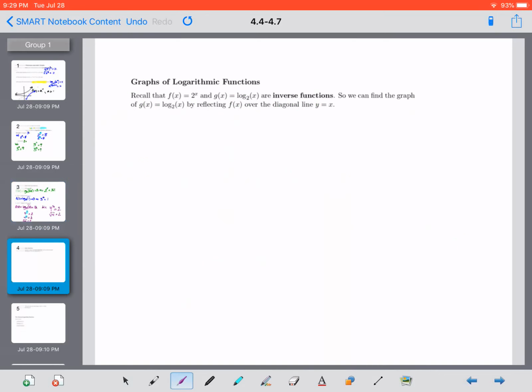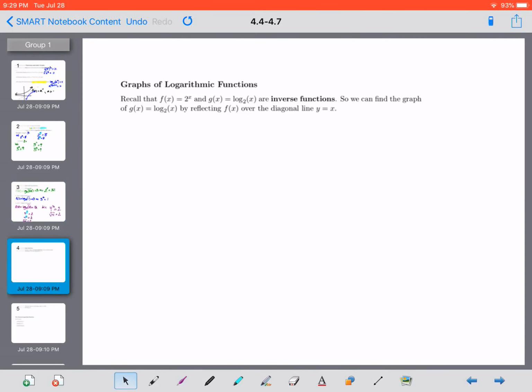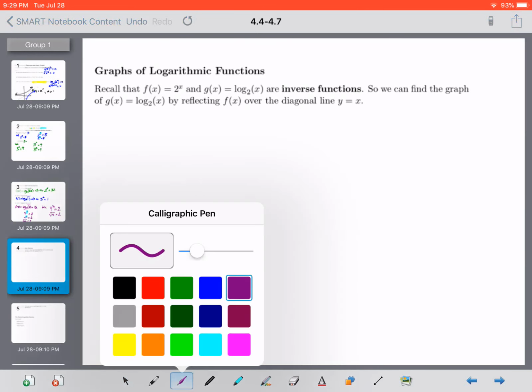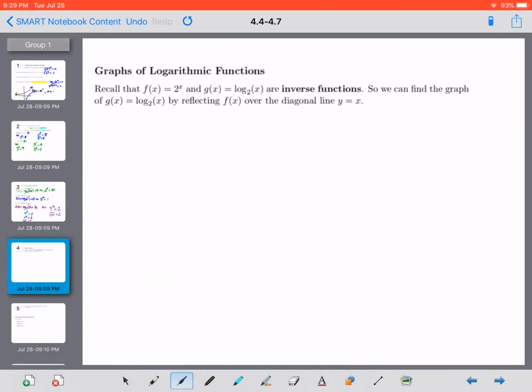Okay. Now, what do we know about the graphs of logarithmic functions? Well, what we know is that log functions and exponential functions are inverses of each other. And so we can figure out the graph of a logarithmic function by just looking at the exponential function of that base. So let's start with the graph of 2 to the x.